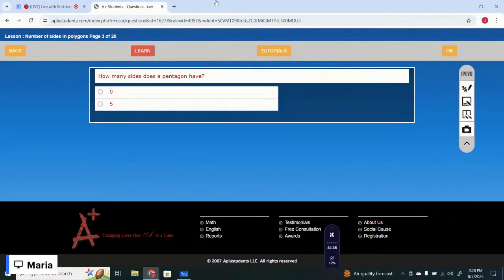A pentagon has five sides. Option number two is the one.